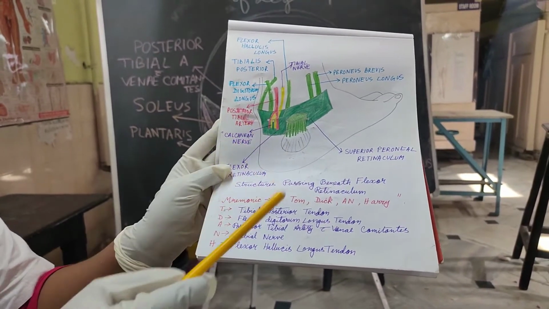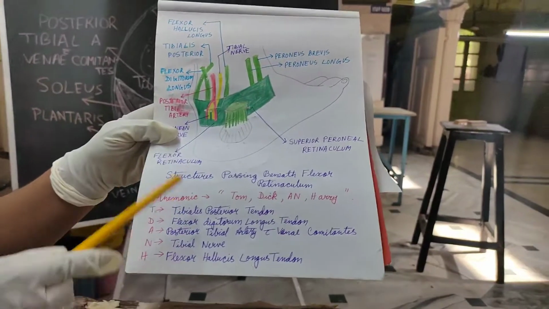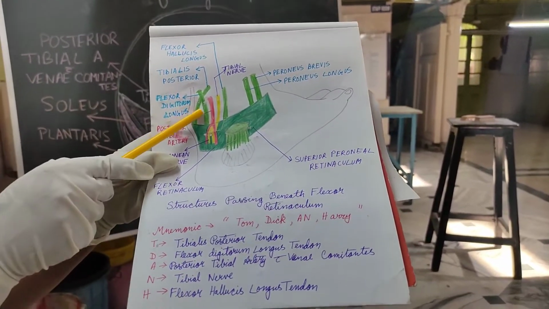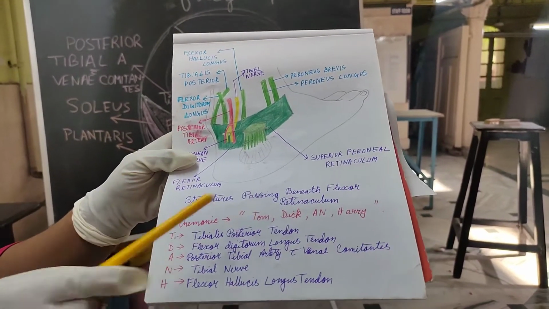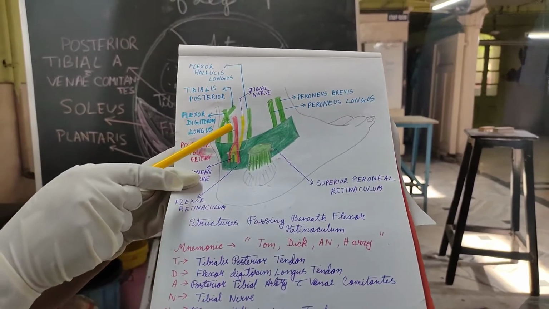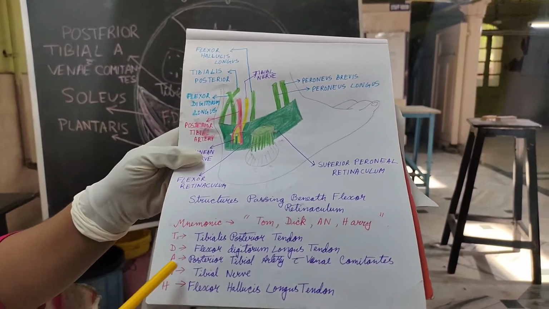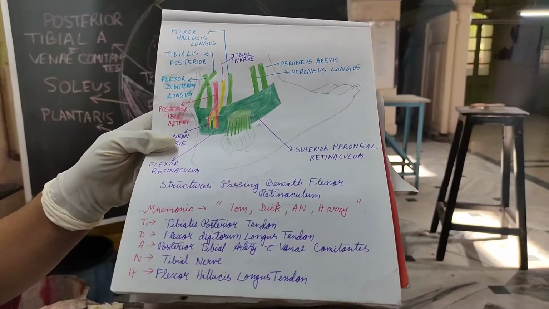We can remember these structures by a mnemonic known as Tom, Dick and Harry. T for tibialis posterior tendon, then flexor digitorum longus tendon D, and A for posterior tibial artery, then N for tibial nerve and H for flexor hallucis longus.